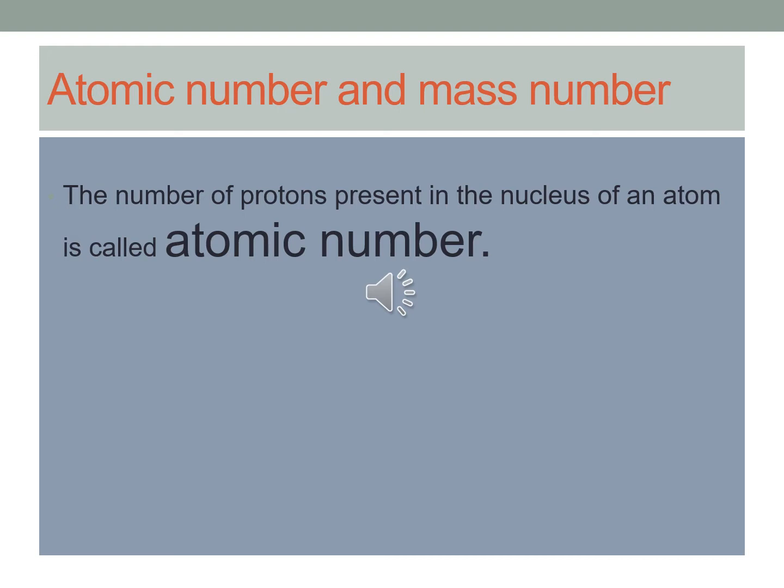Since an atom as a whole is neutral, the number of electrons present in an atom is called atomic number. Listen children, first of all we studied what is called atomic number: protons present in the nucleus of the atom.